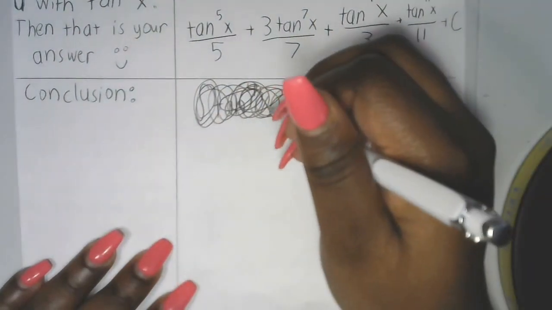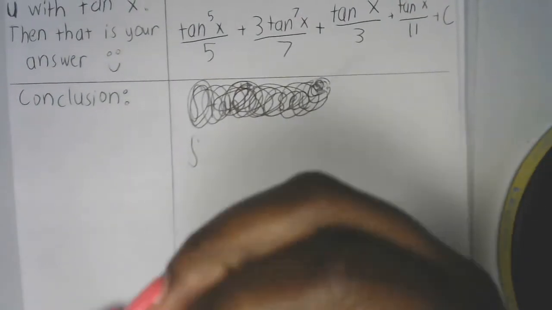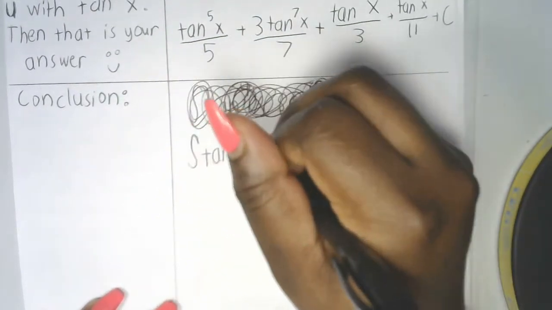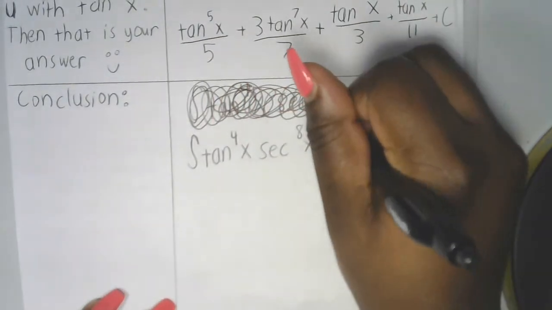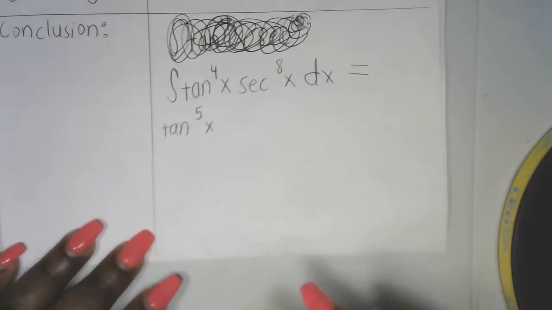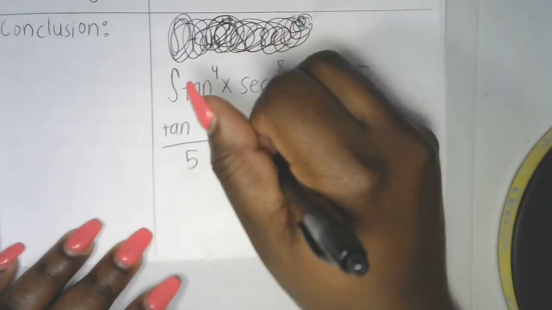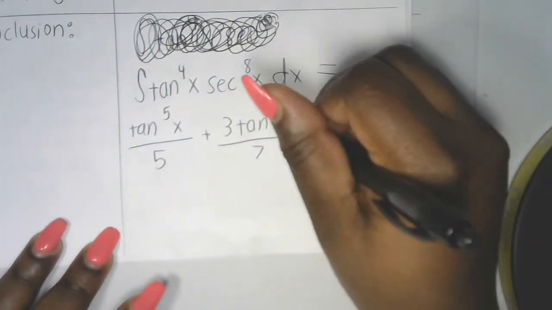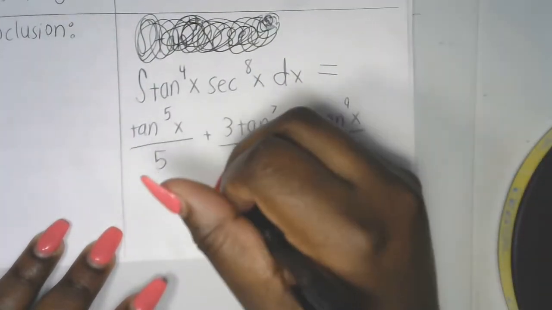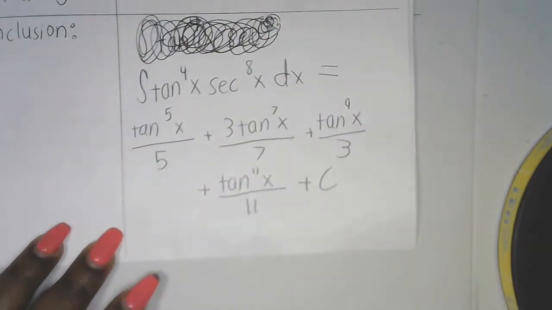So, from this example, we can conclude that the integral of tan x to the 4th power times secant x to the 8th power dx is equal to tan x to the 5th over 5 plus 3 tan x to the 7th over 7 plus tan x to the 9th over 3 plus tan x to the 11th over 11 plus c. So yeah, there's our conclusion.